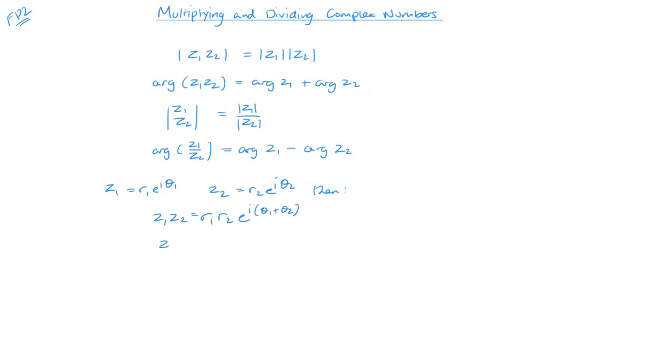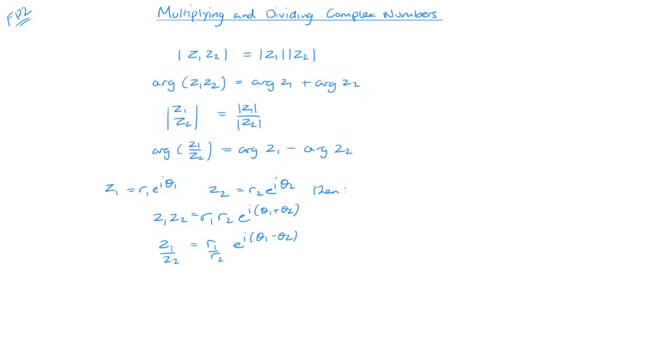Similarly, Z1 divided by Z2 becomes R1 over R2 e to the i (theta 1 minus theta 2). These appear to follow the rules of indices. However, you cannot assume that the laws of indices work in the same way with complex numbers as they do with real numbers. This result just shows that they can be applied in these specific cases, but it might not always be the case. So don't assume anything.